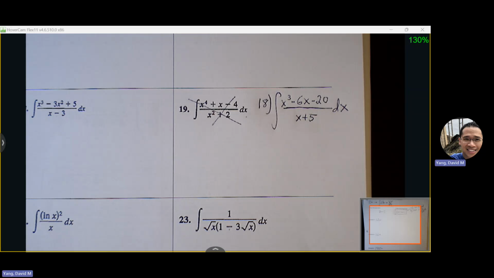Integral of x cubed minus 6x minus 20 over x plus 5 dx. So I'll send a reminder this afternoon, and I'll also send you a link to the key so you can check your answers. All the solutions worked out.